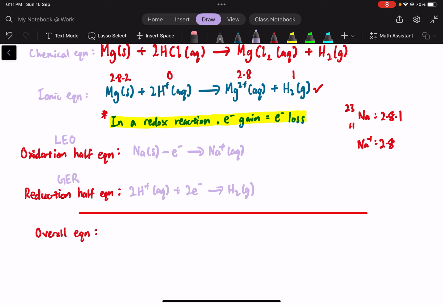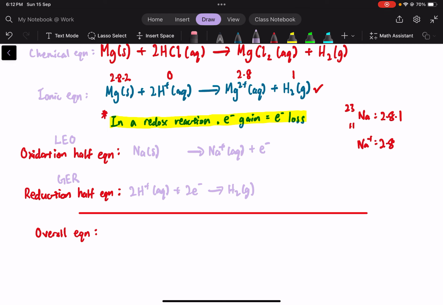Sodium atom loses 1 electron to form a sodium ion. So we cannot write it this way; let us shift it over to the right hand side. This should be the oxidation half equation for sodium.